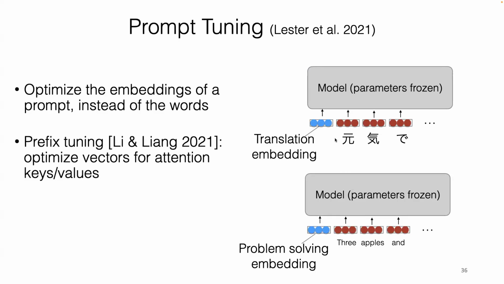Oh, okay, yeah. So this is an example of fine tuning. And the reason it's in the prompting lecture is because you can view this embedding here as a kind of continuous prompt. In some sense, as a human, you could go in and try to write a prompt that leads to higher translation performance.